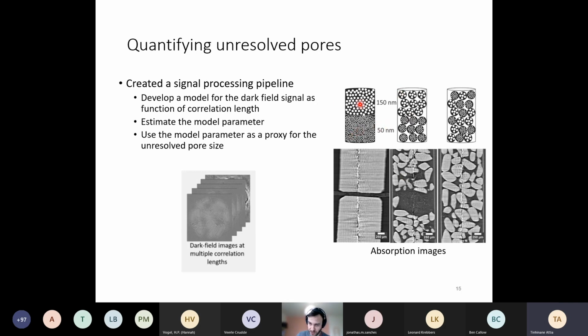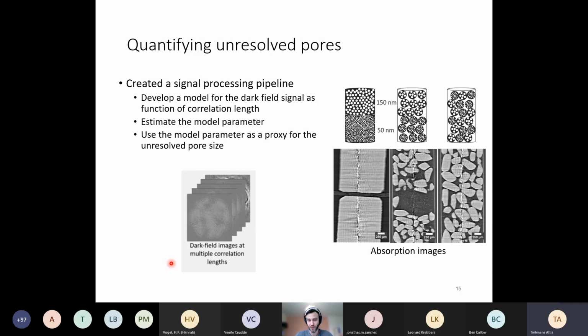So the one material had characteristic pores of size of 150 nanometers, and the other had characteristic pores of size 50 nanometers. And then we stacked them one on top of the other, and we also made a sample where we mixed these particles. And as you can see in the X-ray absorption images, there's no difference to be made between them, and the reason is obvious because the resolution here was in the range of 2 micron, while these pores are far smaller than that.